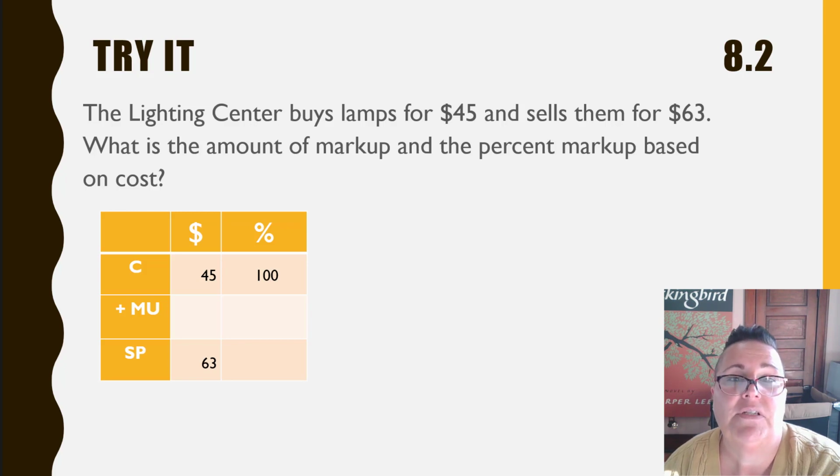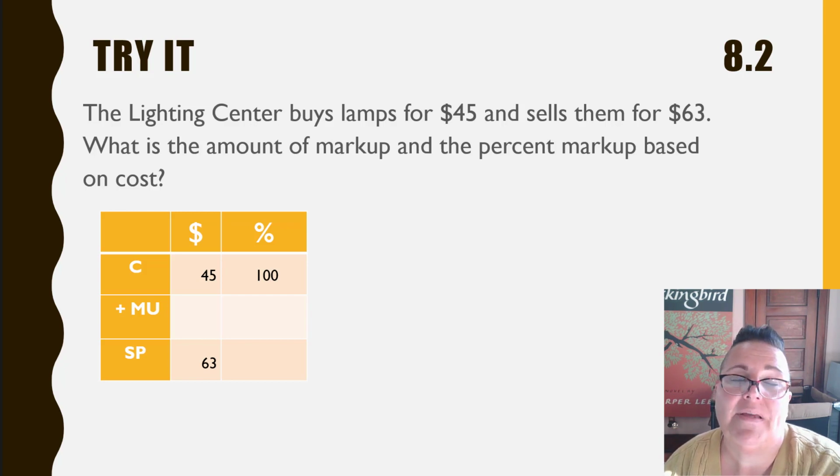What is the amount of the markup and the percent markup based on cost? So I only have these 3 pieces of information. But if we look at the dollar column, I have 45 for the cost and I have a selling price of 63. If I know the cost is $45, and I add the markup, which is not known, to it, I should get 63.